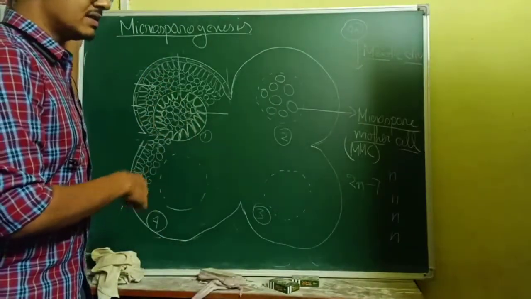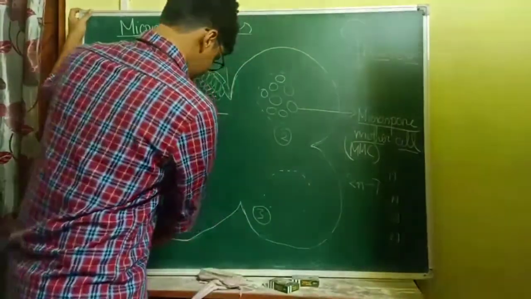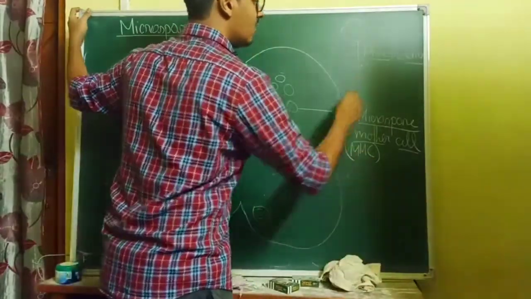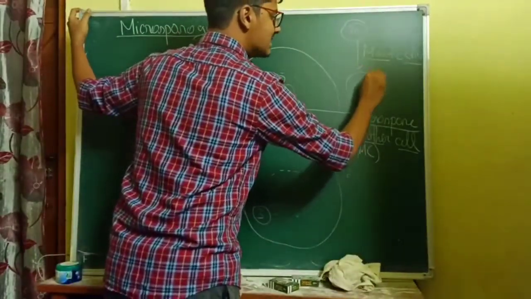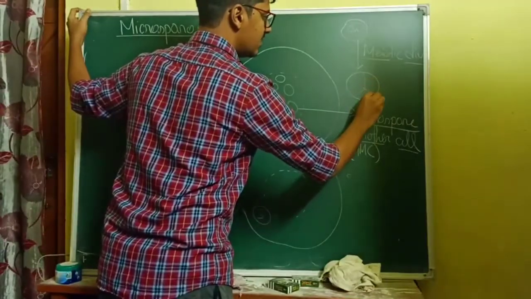In meiosis 1, then meiosis 2. That is our meiotic division. This we have studied in the chapter cell division. So as a result, how many cells you will get? 4 cells. And these 4 cells will be held together.